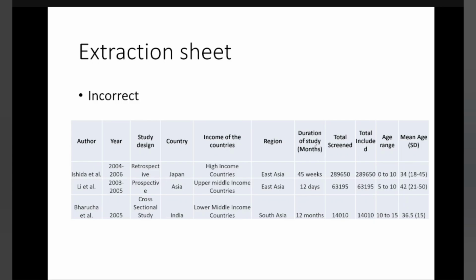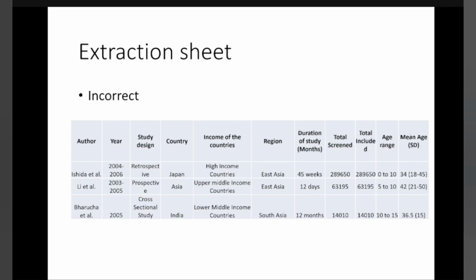We have written it in months, but a few studies might have given 40 in weeks, some in days, some in months. What they have done here is write it as given, so we need to transform it and make it homogeneous. This is one important aspect of the extraction sheet: it must be homogeneous. Understand?